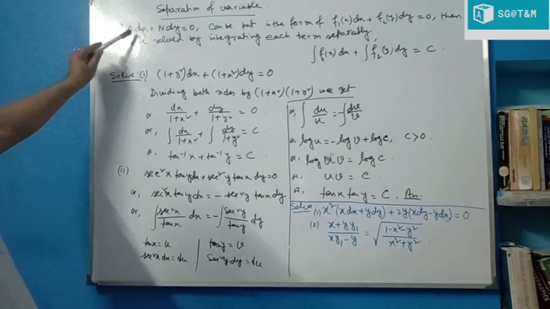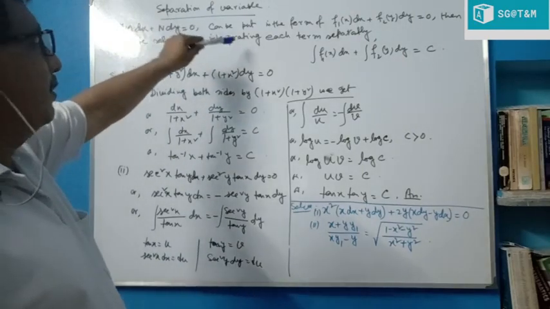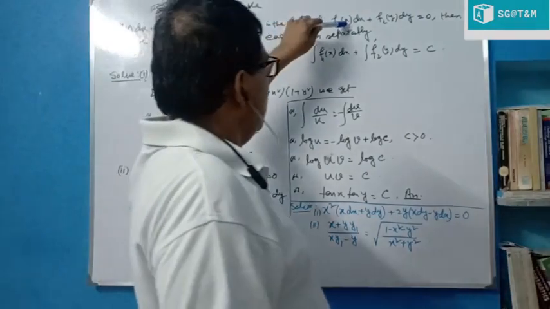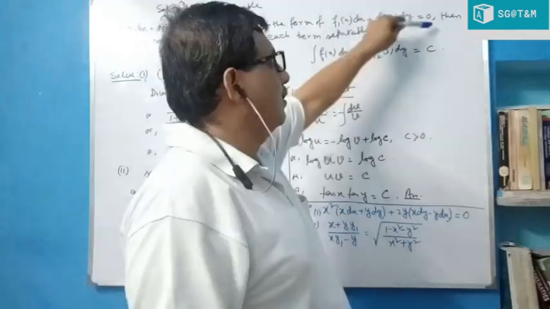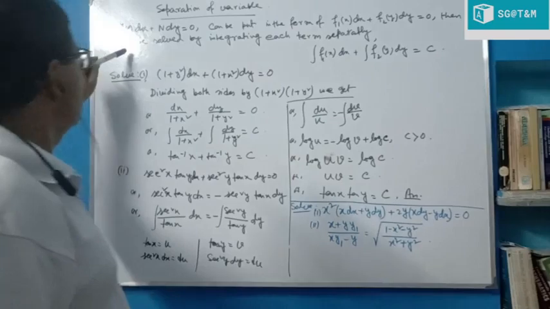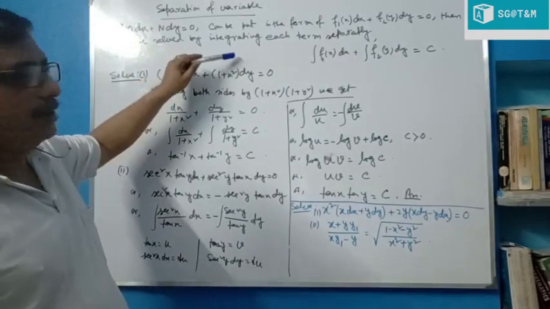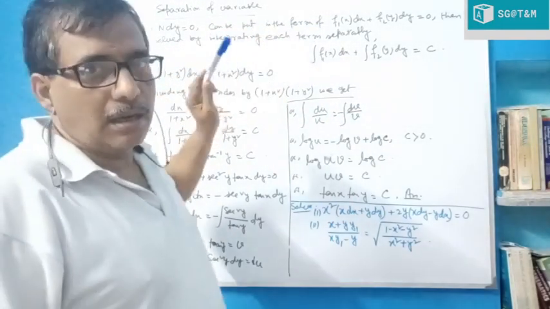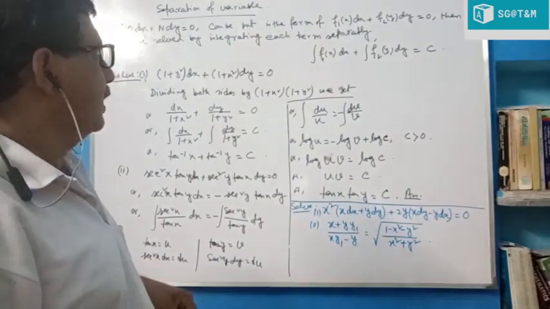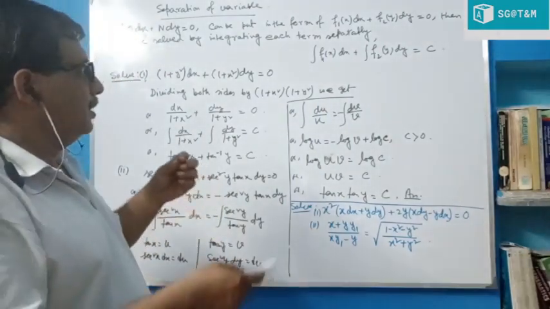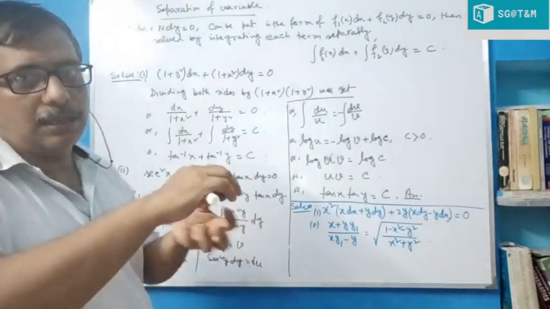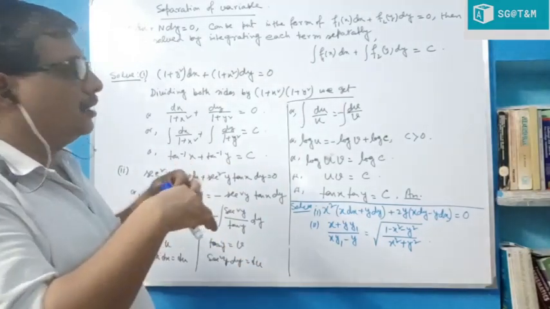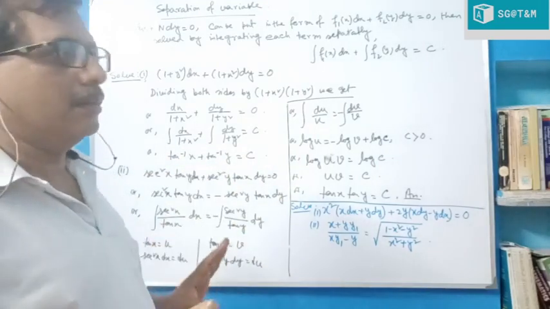The equation M dx plus N dy is equal to 0 can be put in the form f1(x) dx plus f2(y) dy is equal to 0. Then it can be solved by integrating each term separately. That means with dx we get a function of x, and with dy we take a function of y. Then just integrate separately, and we get the answer.